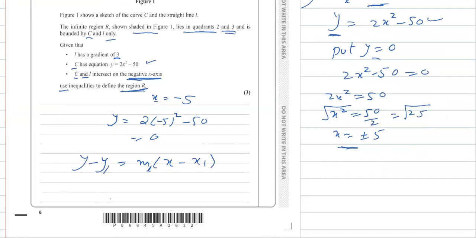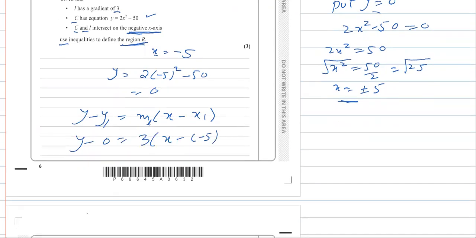So if I solve it here, what I'm going to get now will be y minus y1. y1 is 0 actually, into 3 into x minus x1, which is minus 5. So we are going to get this equation as y is equal to 3 into x plus 5, which is going to be 3x plus 15. That is the equation of the line L now.